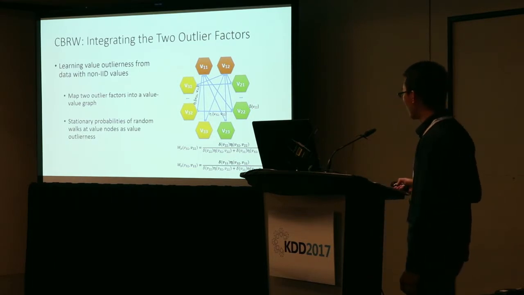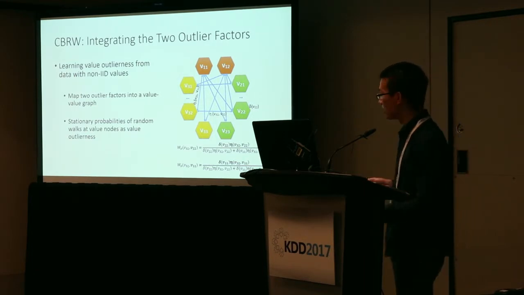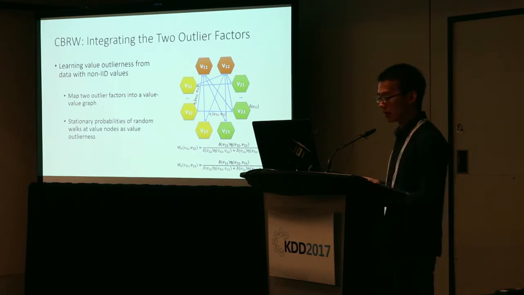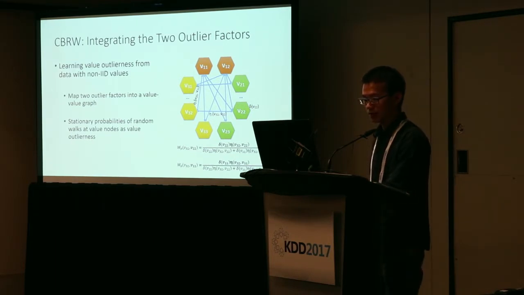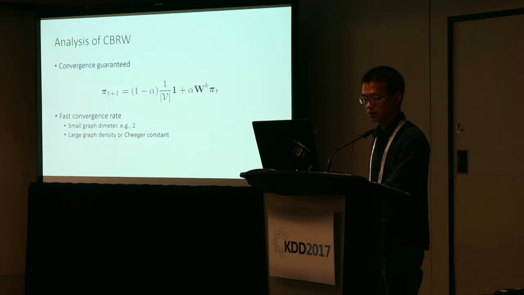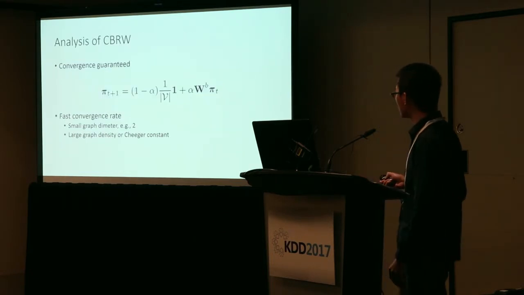By having a random walk process on this value graph, when it converges, we can simply use the stationary probabilities of the random walk as the value nodes' value outlierness. This is the traditional way to do the random walk.